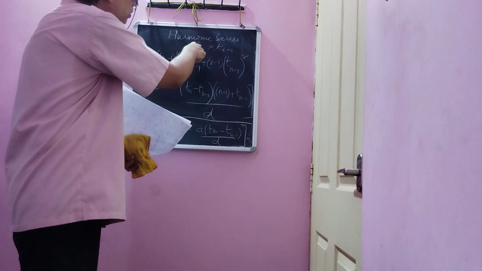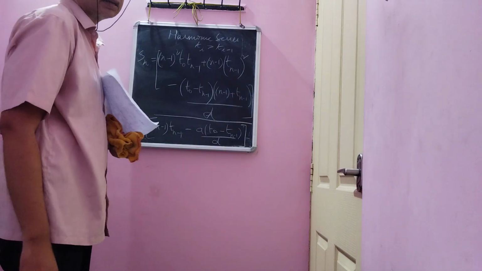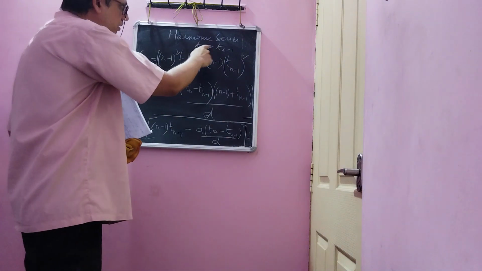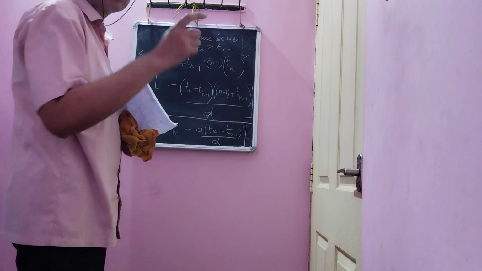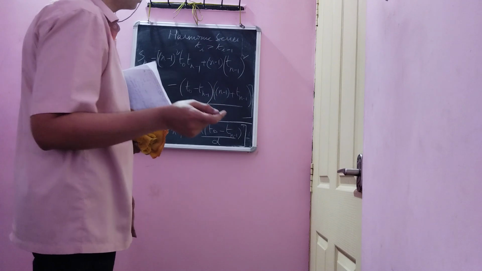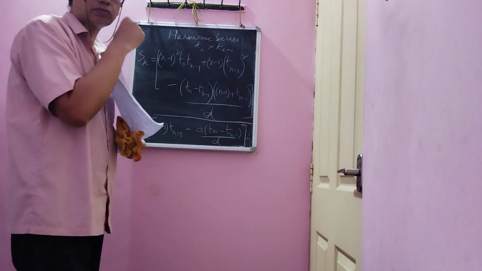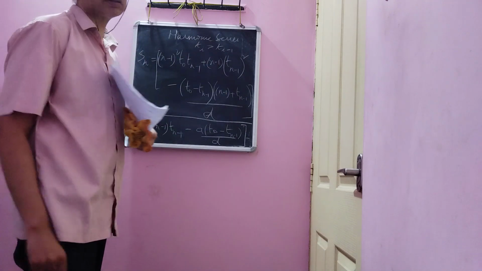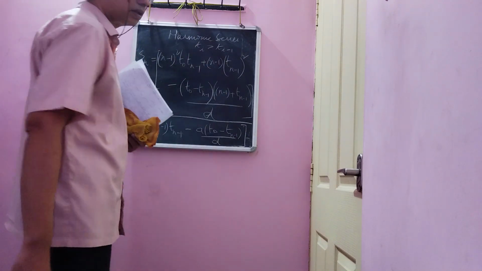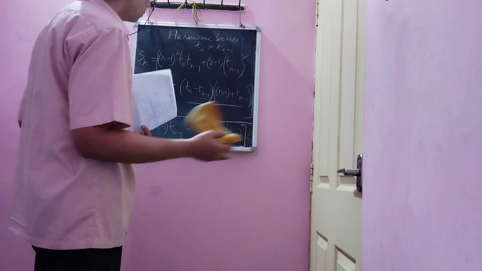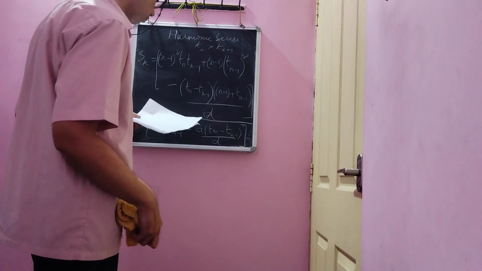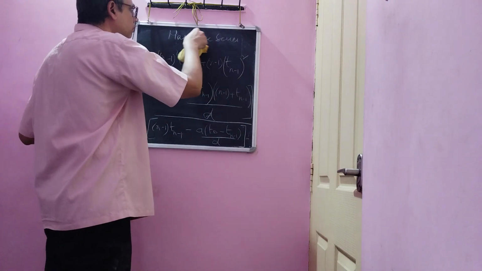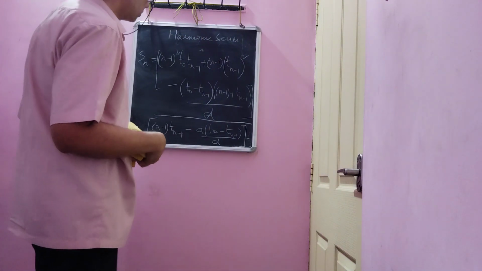Two possibilities arise: either Ti is greater than Ti plus 1, when we take 1 by (a plus id), or Ti is less than Ti plus 1. The derivation for the case Ti is less than Ti plus 1 can be performed along similar lines. So this is the ratio.